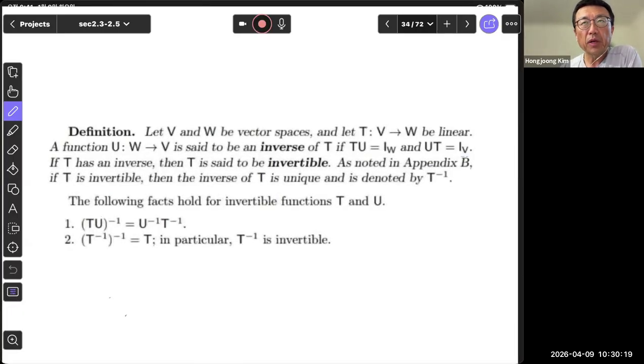Suppose that we have a linear mapping T from V to W, and U is a mapping from W to V. This U is special in the sense that when we consider the composite of T and U, or U and T, you get the identity mapping.